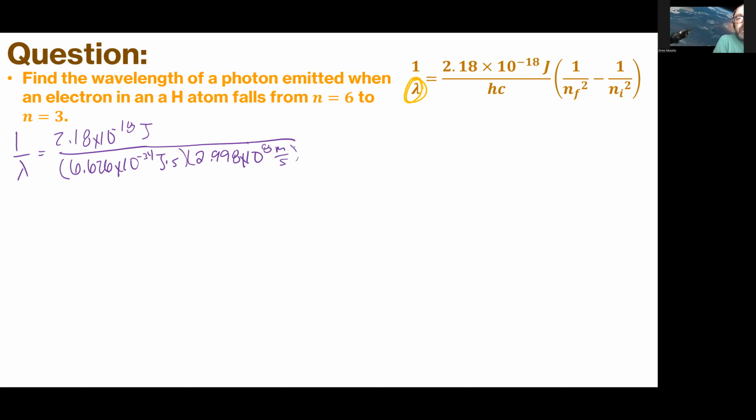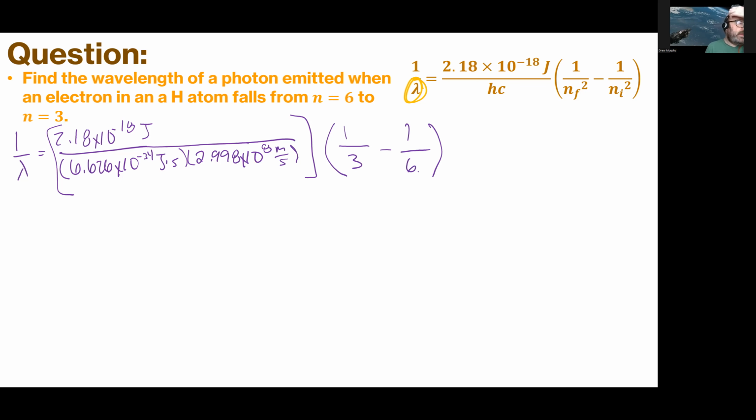This whole thing is multiplied by 1 over n final squared minus 1 over n initial squared. Final is where we ended up, which was 3, and initial is where we started, which must be 6.